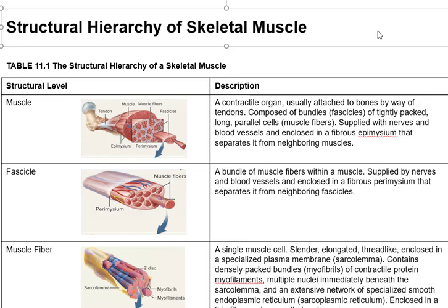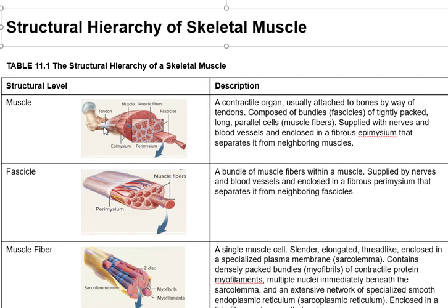Tissues go together to make up organs, and then organs go together to make up organ systems. And then organ systems make up an organism. So I don't know if you remember back then. What they're trying to do here is give you the hierarchy from most complex to least complex. So we're starting out with a muscle.